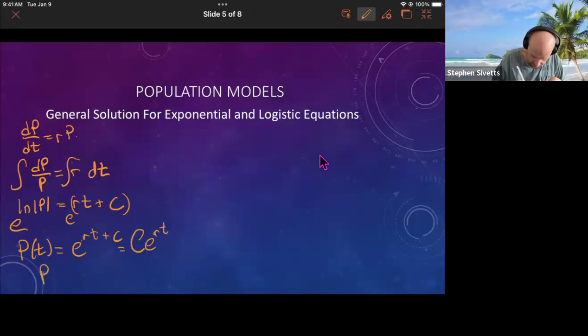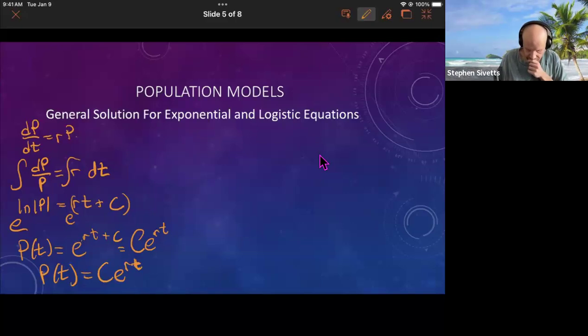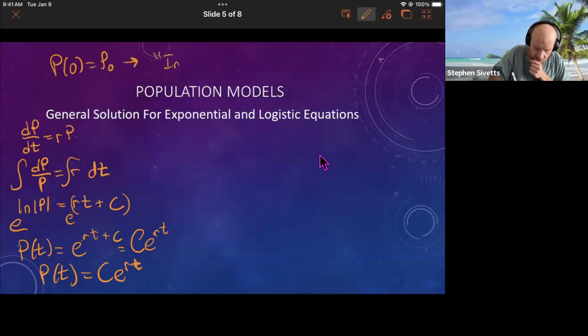So a general solution for an exponential equation is C times e to the RT. And then typically, an initial population is denoted like this. So this is what's called the initial population.